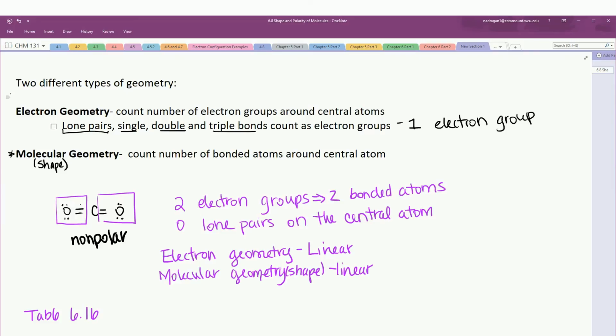Molecular geometry, you count the number of bonded atoms. And when you draw a Lewis structure, if it has a lone pair on the central atom, it is polar. If it has different types of atoms around the central atom, it's also polar. If there are no lone pairs around the central atom and all of the atoms are the same around it, then it is nonpolar.